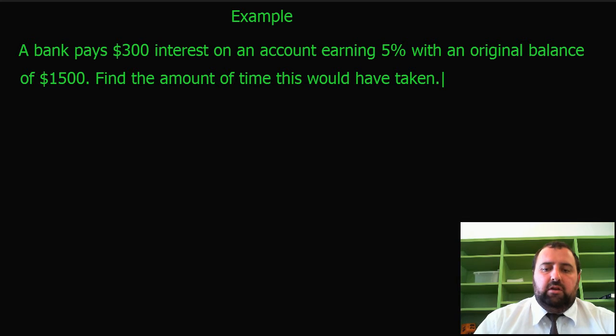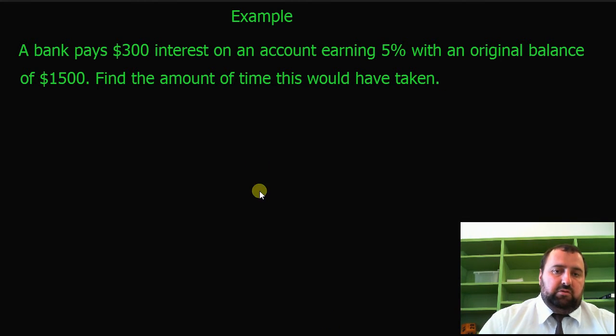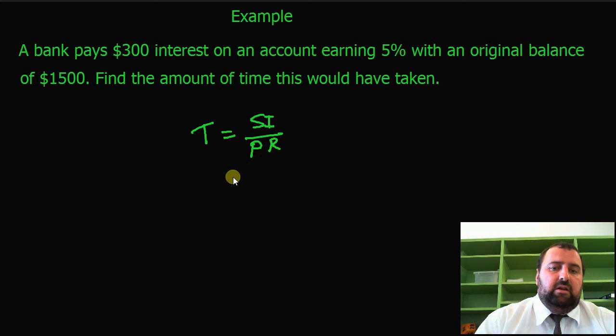So, if I'm looking for the time, which I obviously am because it's asked for the amount of time, I'm going to do T equals SI divided by the other two, which would be principal and rate. So I'm going to do simple interest, which we know is 300. 300 divided by the principal, 1,500, times the rate.